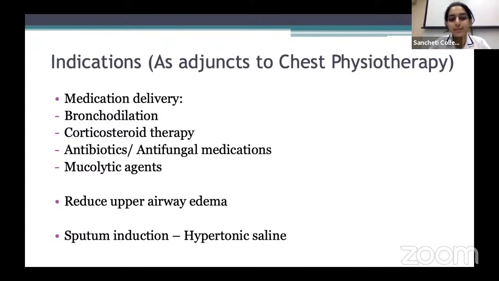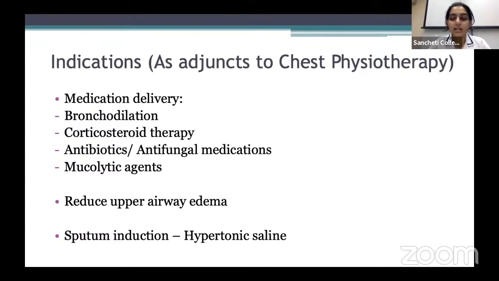Then next is to reduce upper airway edema. We already discussed this during humidification. For example, in post-operative or post-extubation laryngeal edema, nebulization can also be used. And last is sputum induction. What do I mean by sputum induction?